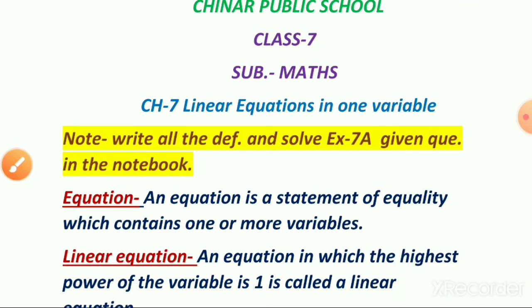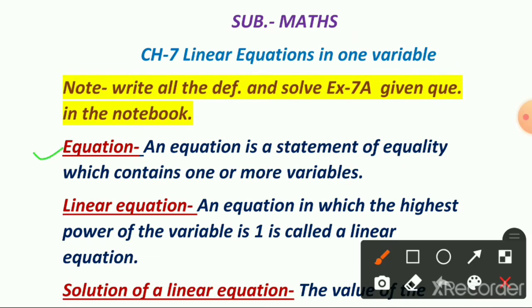First of all, what is an equation? An equation is a statement of equality. The word equal is hidden in it. It contains an equal sign and one or more variables, but we are learning for one variable, so definitely there will be one variable.